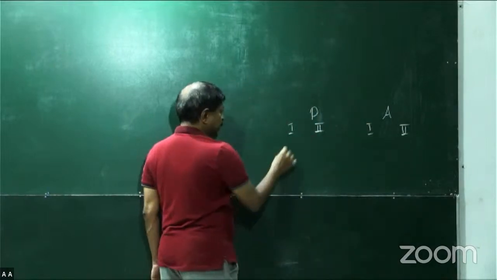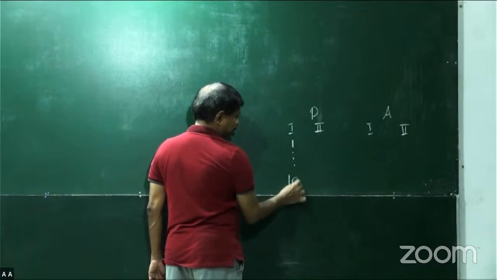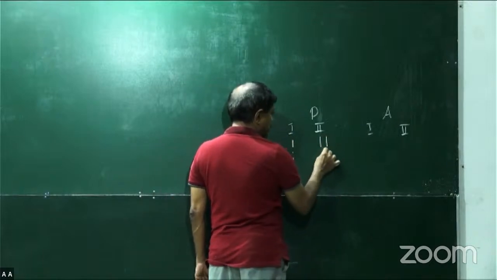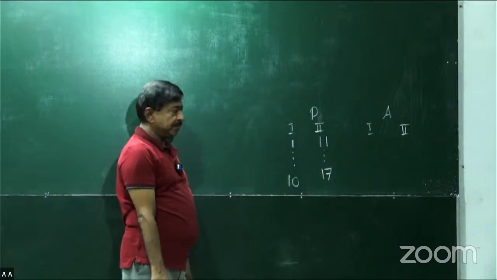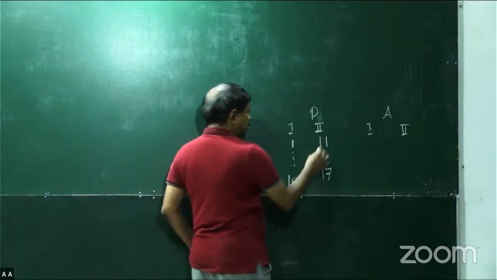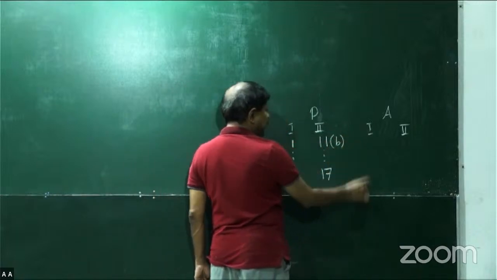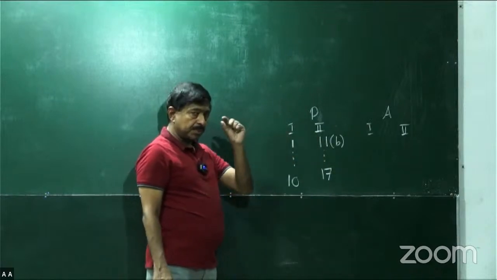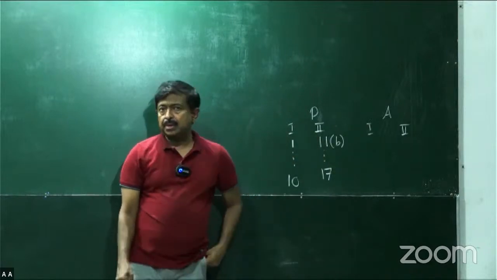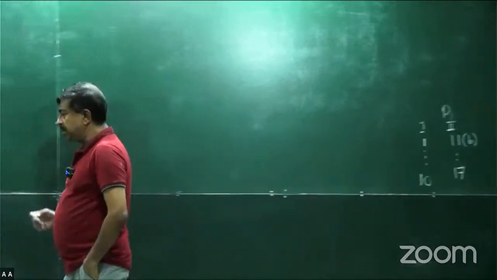Here you get 10 questions. In pure, in the second paper, you get 7 questions. In part B of problem 11, that part is from the remainder theorem. So we'll start that part.